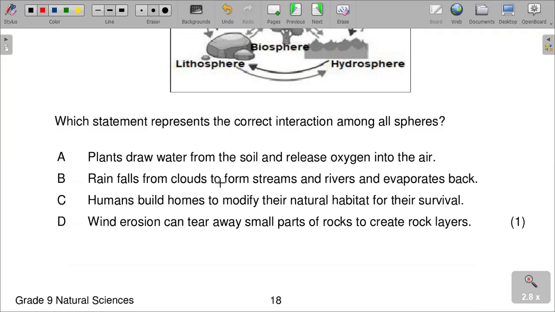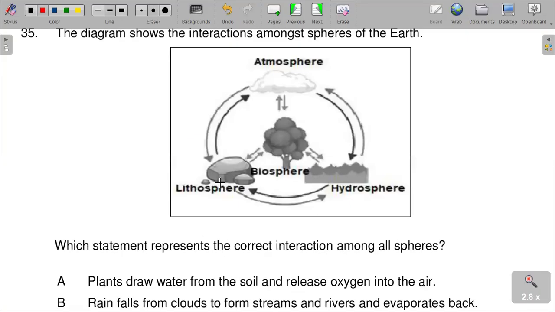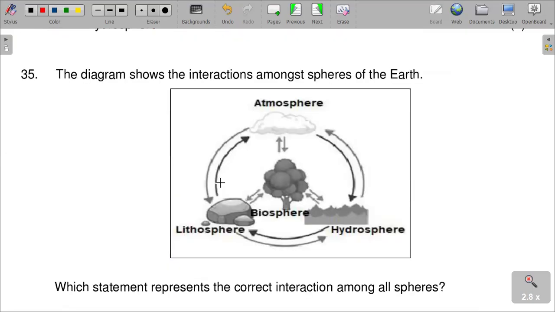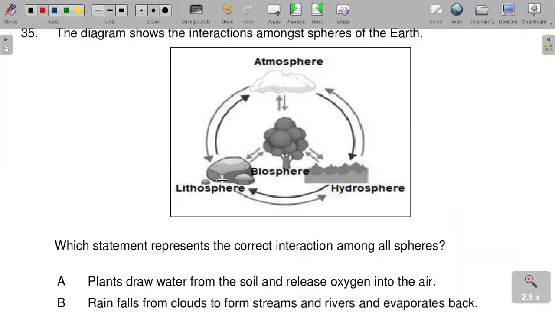So number 35, we are saying there is the atmosphere, and of course we have got the vegetation. It provides transpiration, and also it receives oxygen.